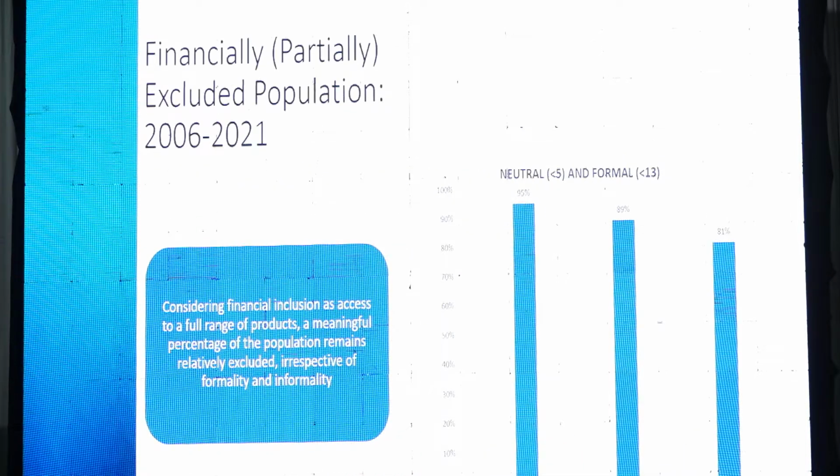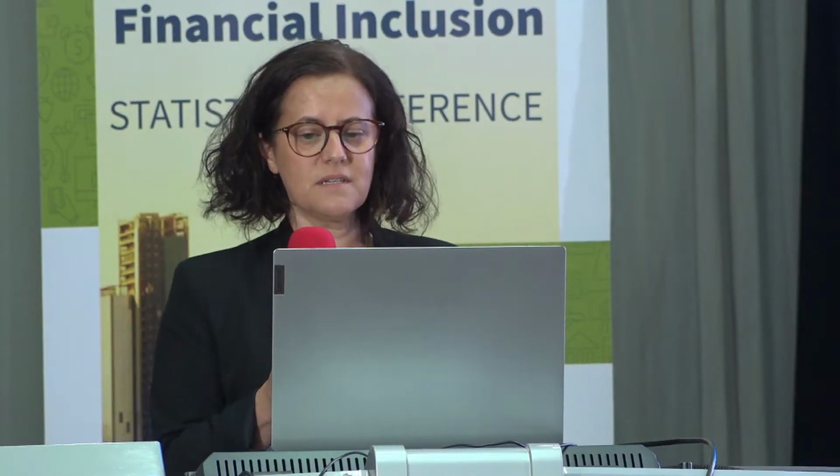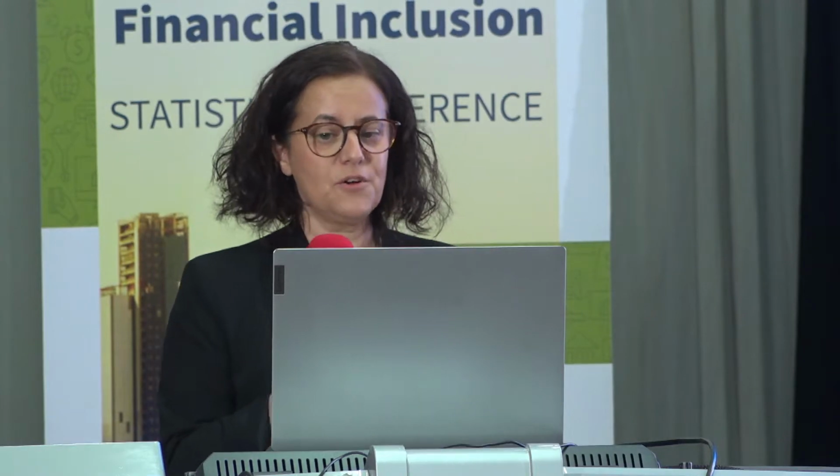So in this first slide, we will look at both our formal and informal indicators to measure the percentage of the population that is relatively excluded when we consider access to a full range of financial products. So the first indicator, it's the formal indicator, where we have set the score between 0 and 26, depending on how many products are used.